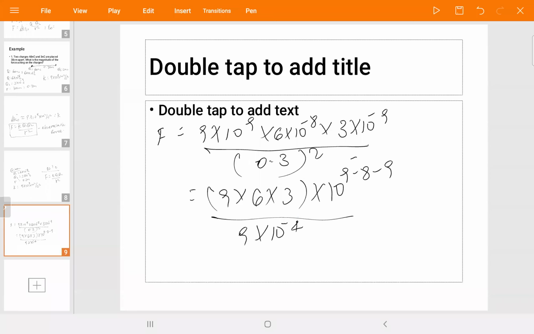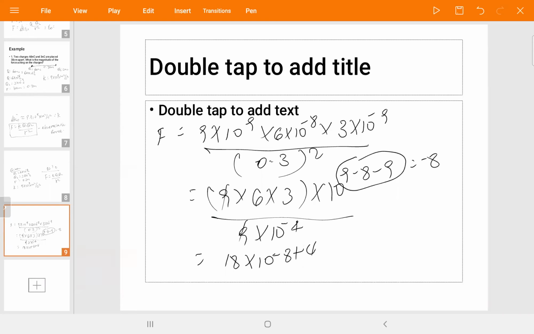Then this gives minus 8, and we do have minus 4. Then 9 will be cancelled by 9, and 18 times 10 raised to minus 8 plus 4.